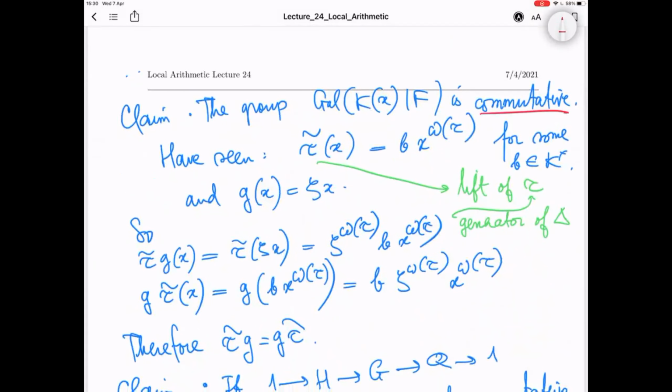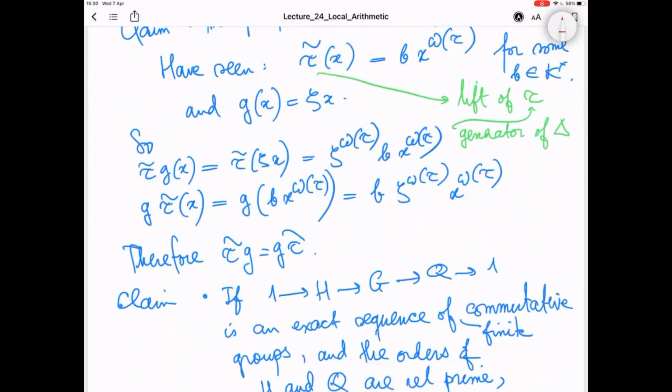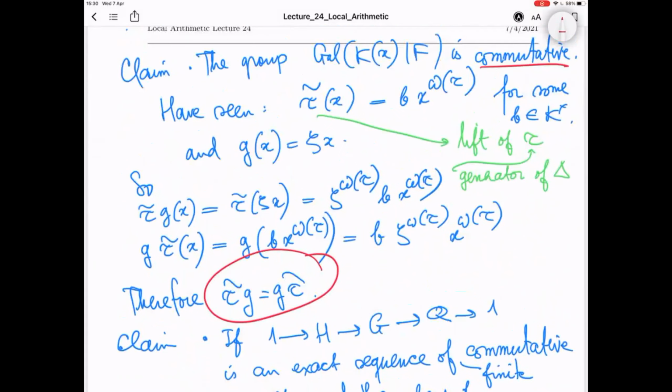But now we are claiming that it's actually commutative. Again, it's not a very complicated computation. So it's Galois, then if the generator tau of delta will have a lift tau tilde, what does it do to x? We have computed the result, it's something like this.